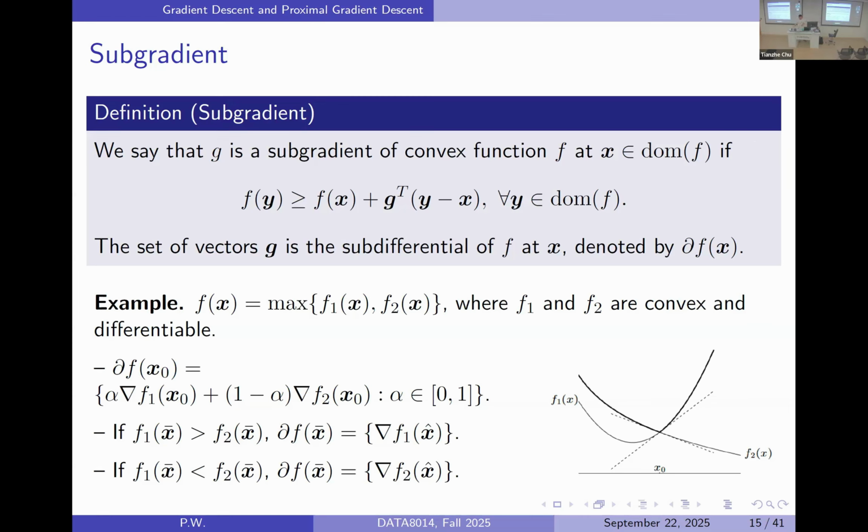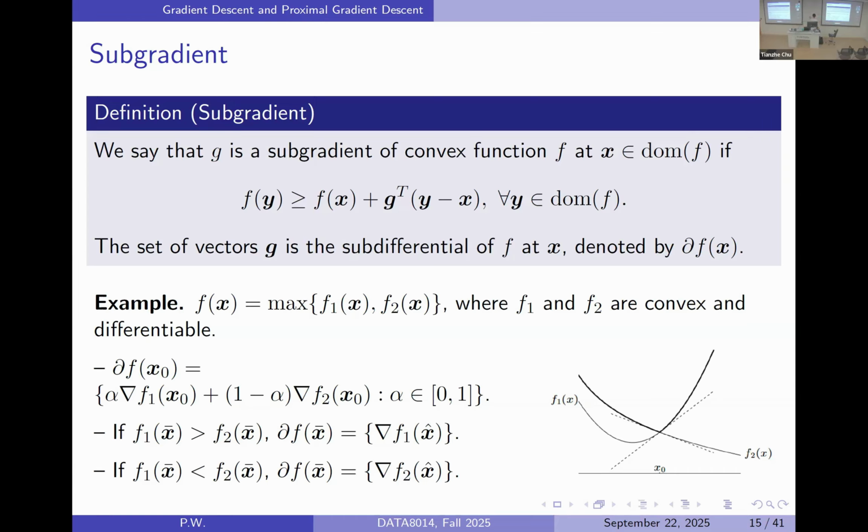Then you can see here, we can compute the subgradient of this function. If we don't consider this one point, all other points are smooth, so the subgradient reduces to the gradient. At all smooth points, the subgradient reduces to the gradient.